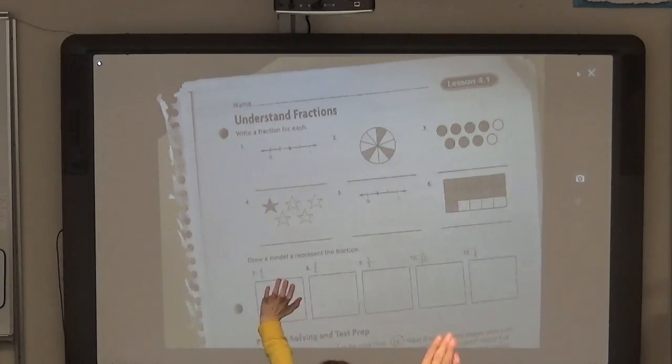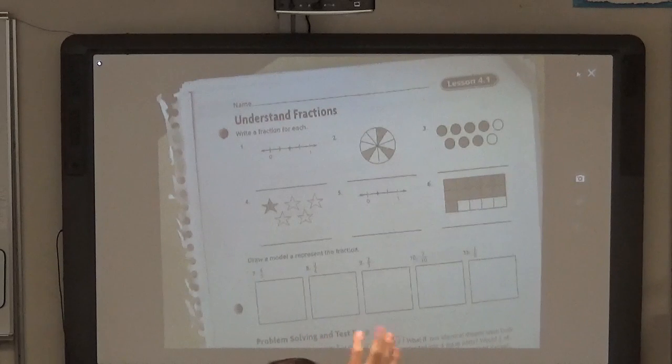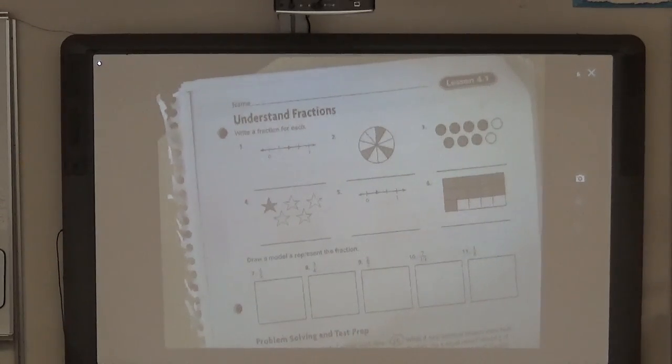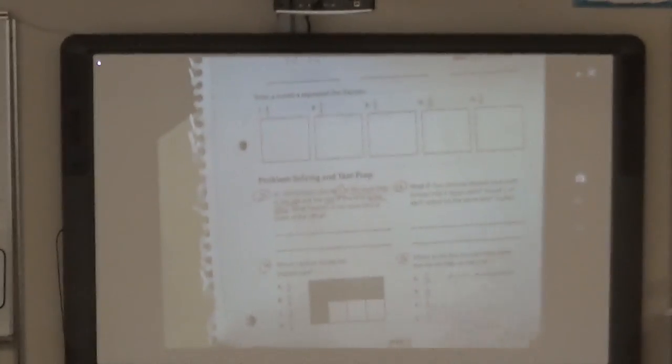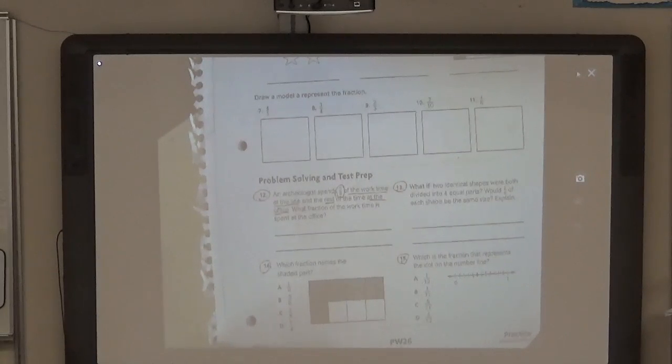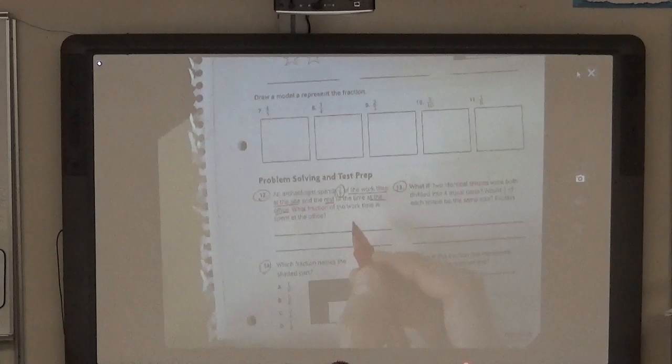What should we do, first of all, is reread, especially go back and highlight the parts: 5/8 of the work time at the site, rest at the office. Cool. So, how much at the office?